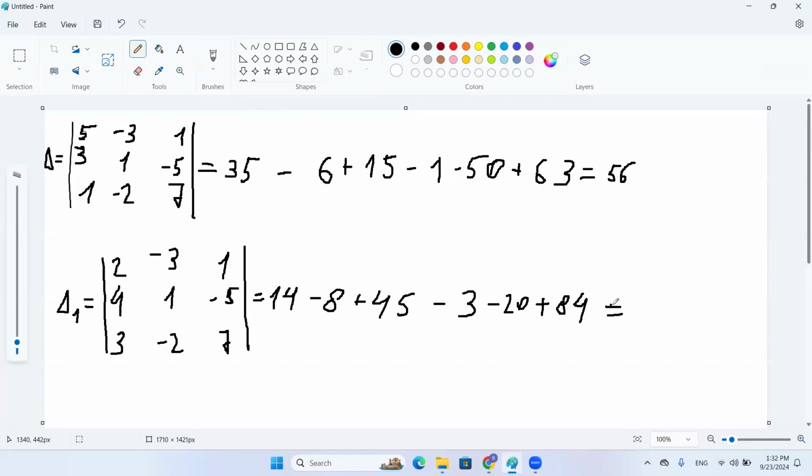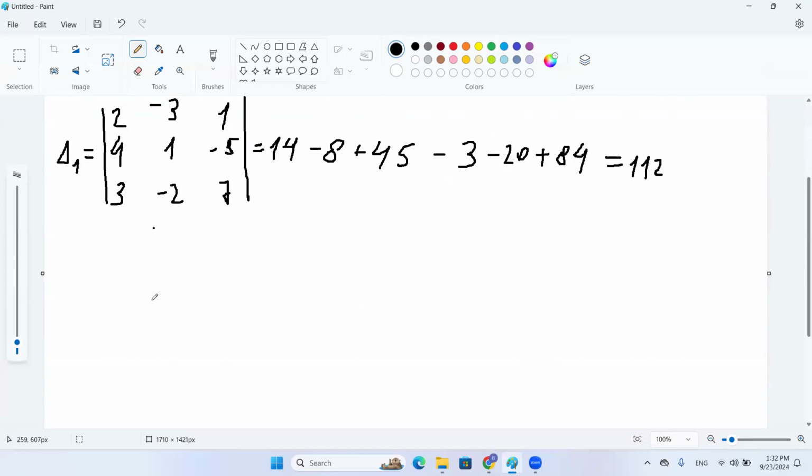It must be 112. Yes, I have a similar answer. 112. Okay. By the way, the determinant is not 0. So let's write it as well, so that it means that the system has solutions.